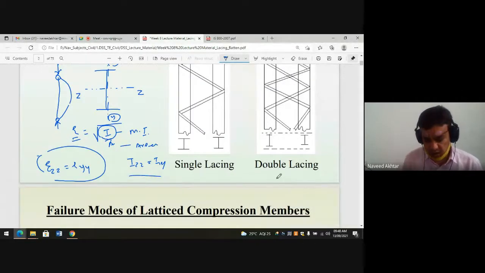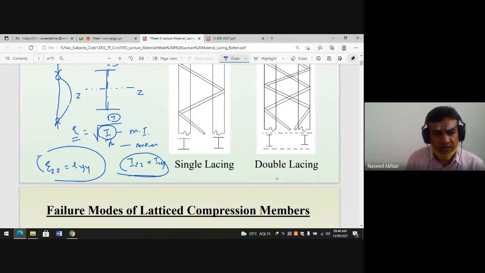Okay, so if you do that, because the cross-section area is the same, your radius of gyration in both directions will be the same.